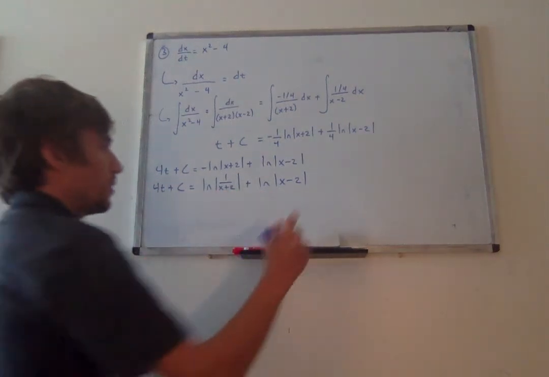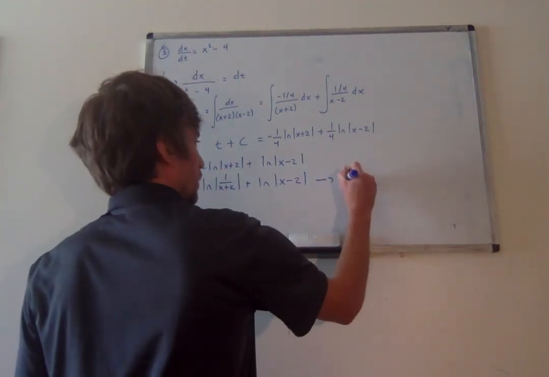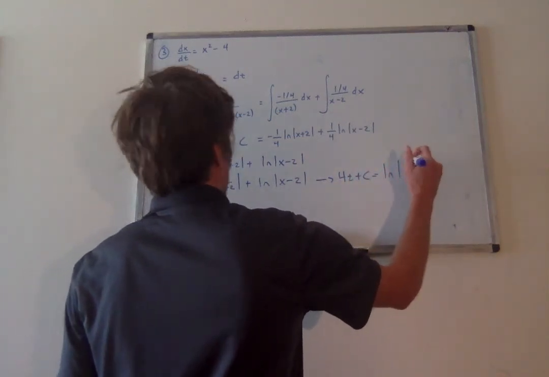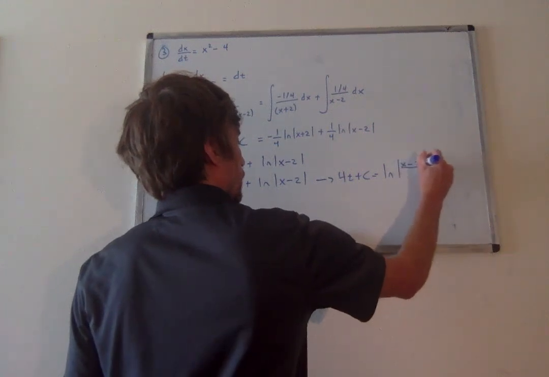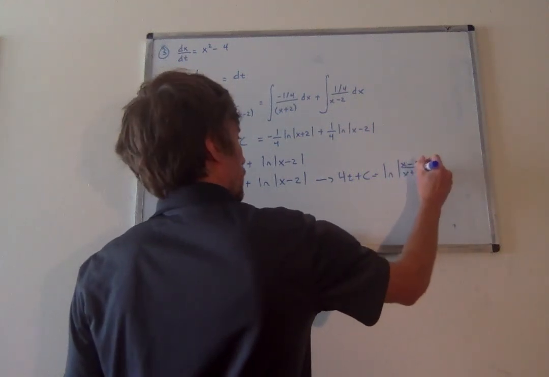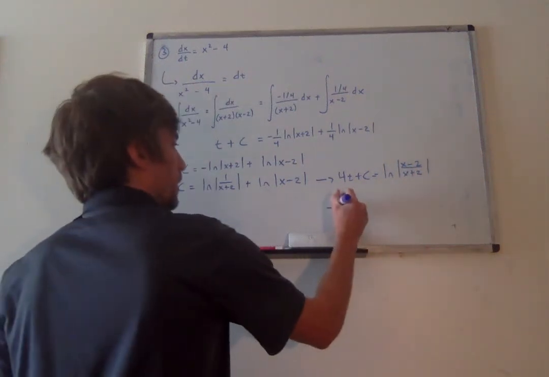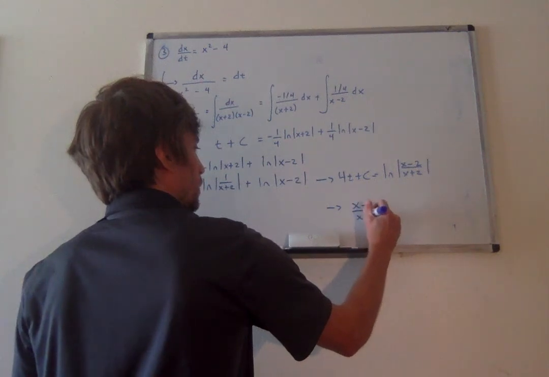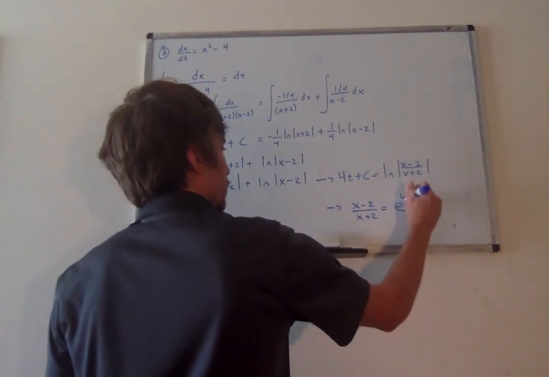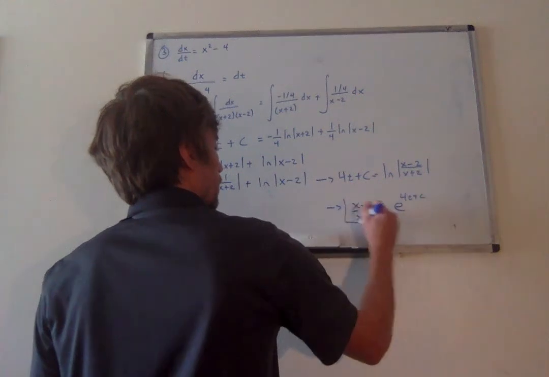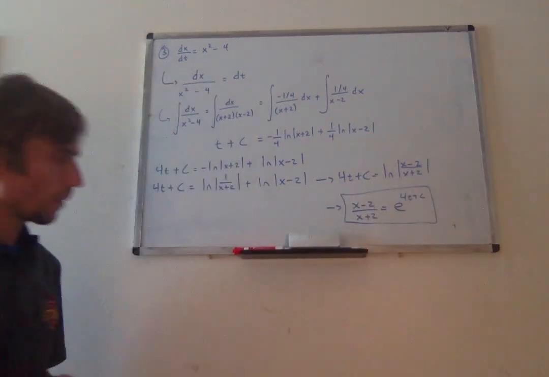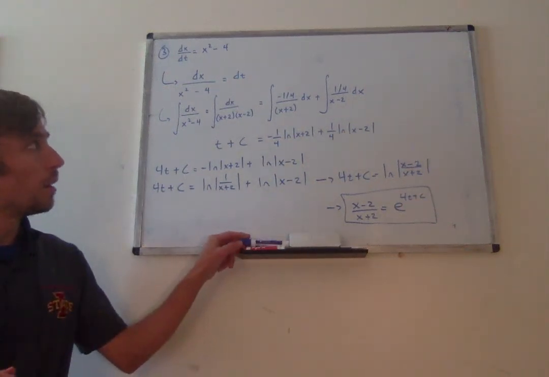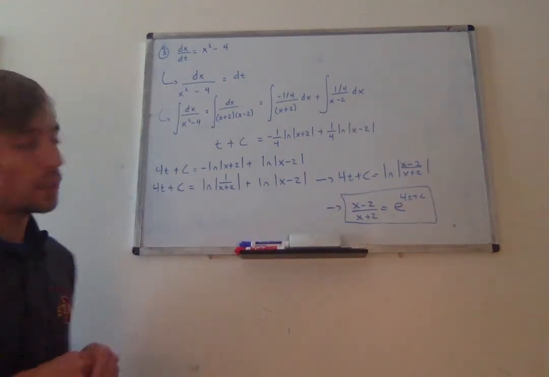You could then combine these two natural logs. And then if you wanted to, you could take both sides to the e. So you'd get x minus 2 over x plus 2 is equal to e to the 4t plus c. A little bit of simplification if you wanted. So that would be the solution to this.